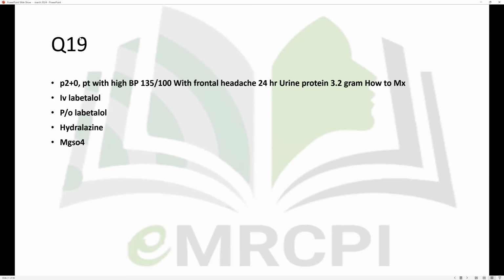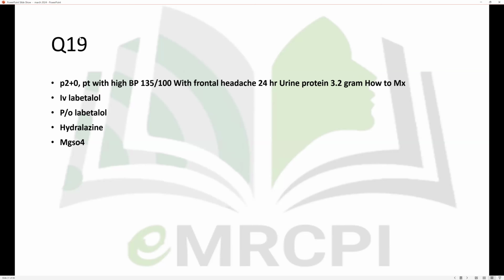Okay. So you do now have the evidence of the proteinuria, right? And you do have a high blood pressure with symptoms, right? Well done. Yes, of course.